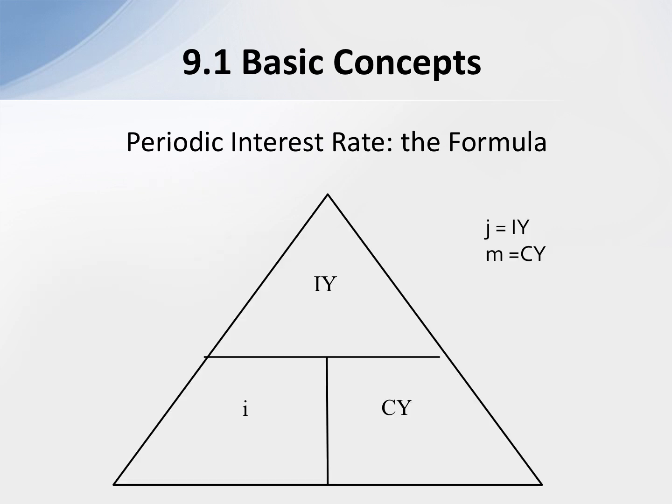If we were to calculate it manually, this would be a great visual to help you understand how to rearrange the formula for finding either periodic interest, nominal interest rate, or compounding frequency.